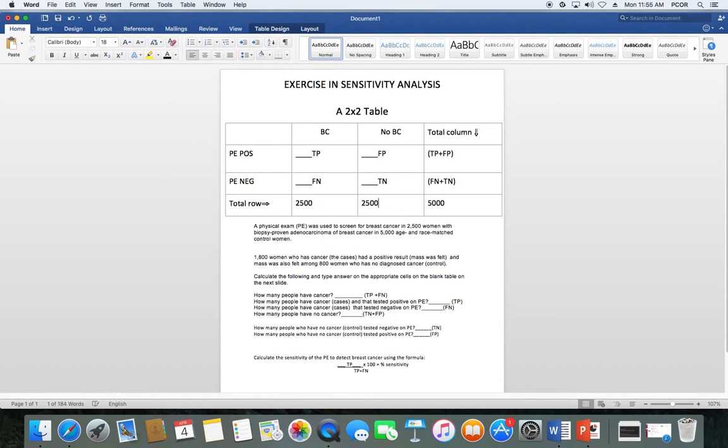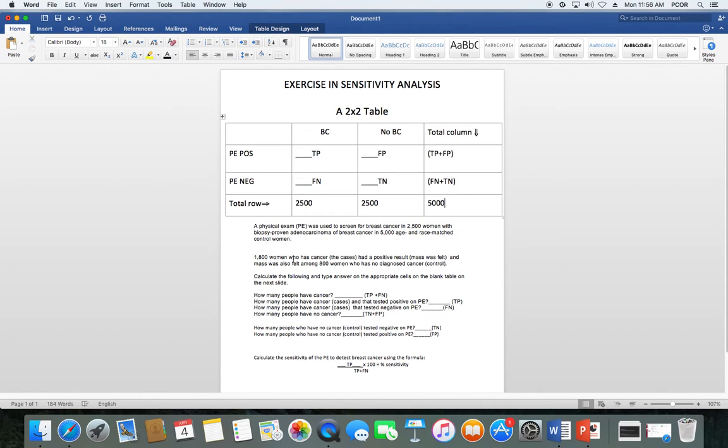The remainder will not have a breast cancer diagnosis. So at least we filled out 1, 2, 3, 4, 5, 6, and 7 cells. Now, let's go through our exercise.